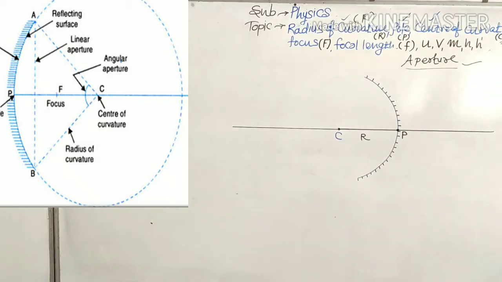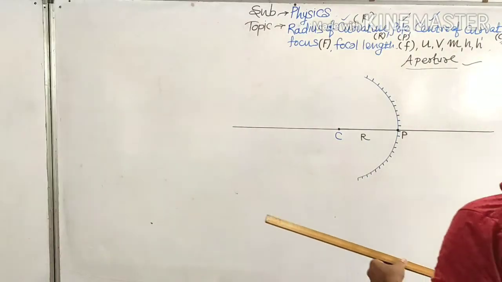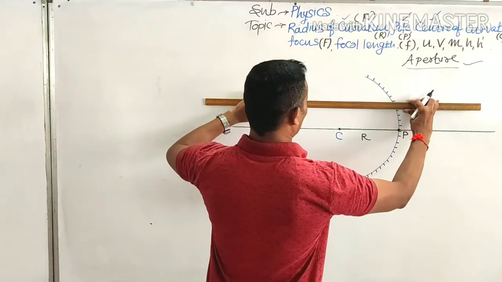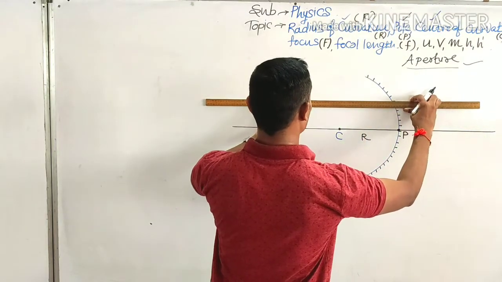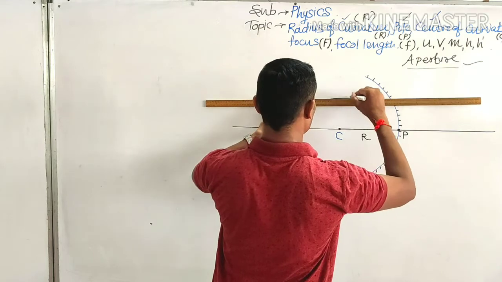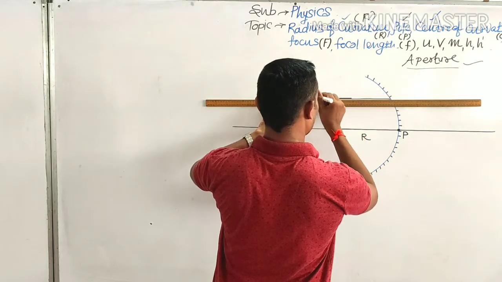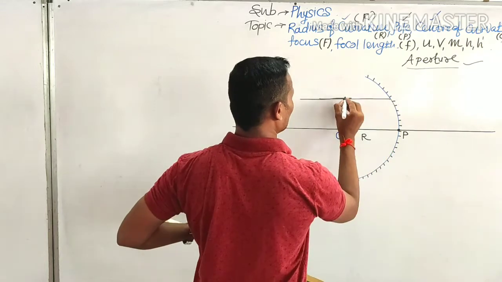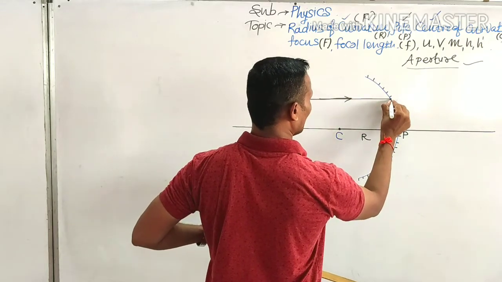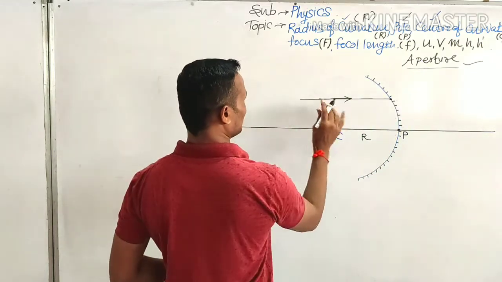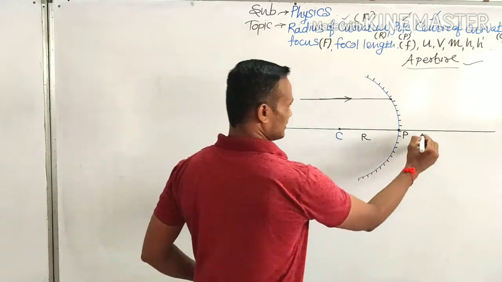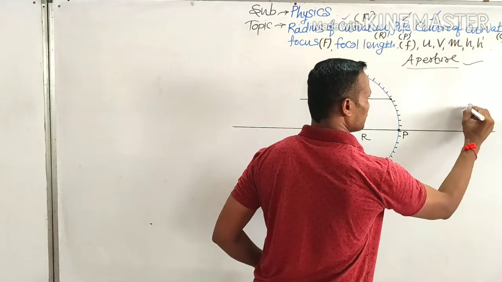Now we'll consider some rays, some light falling on the mirror. Supposing I have taken this, it should be straight, right? This is the incident light falling here. Now where will this light go? Since it is straight and parallel, this line is called the principal axis.